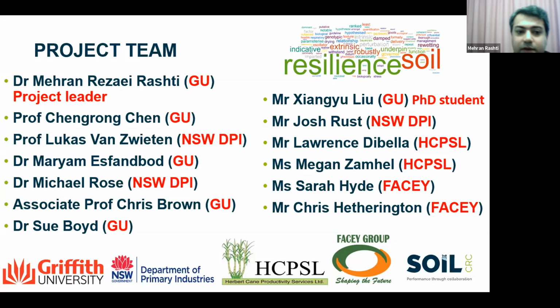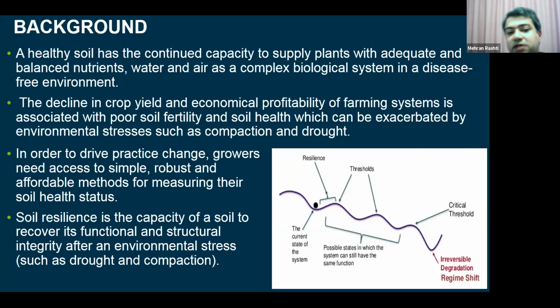About the background, we all know that a healthy soil should have the capacity to continuously supply plants with enough nutrients, water, and air to keep the complex biological systems in a healthy condition.